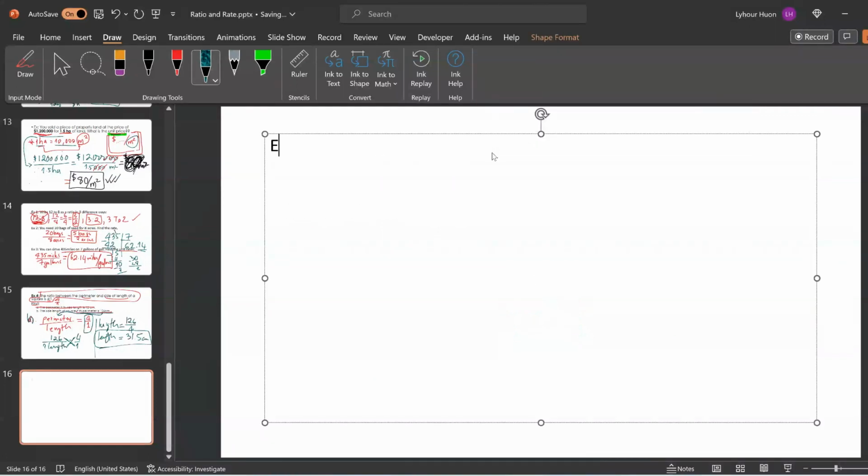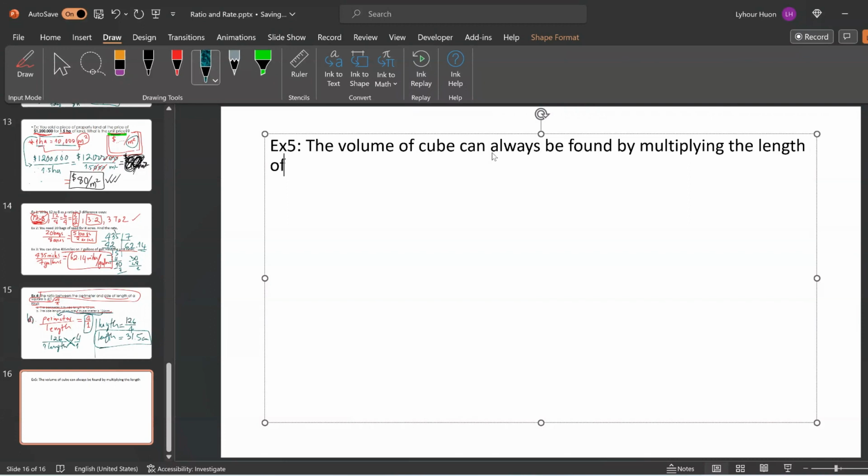Exercise 5. The volume of a cube can always be found by multiplying the length of each side three times.